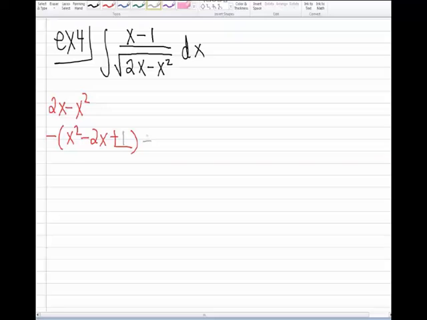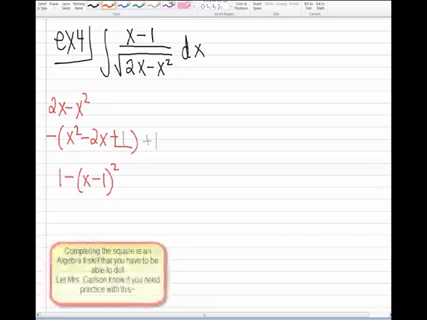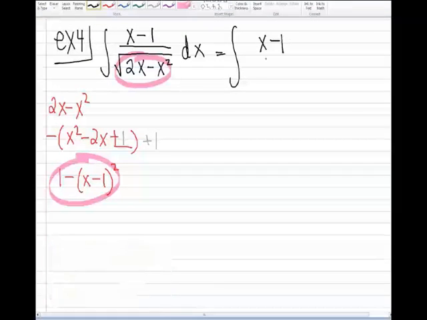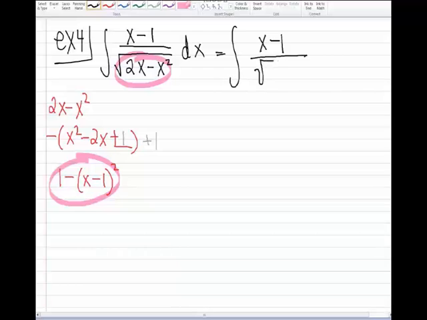I'm going to put that 1 in the front, so I really have 1 minus x minus 1 quantity squared. That's going to go in here underneath my radical. So all this work that I've done so far is really just preparing my integrand for a trig substitution.